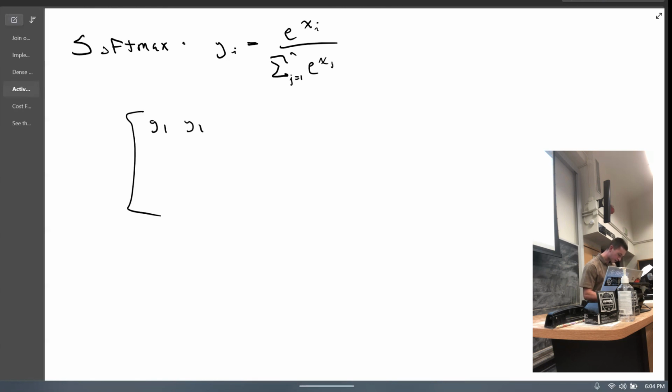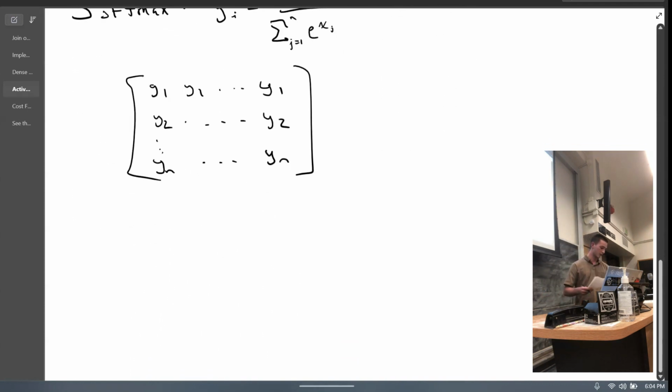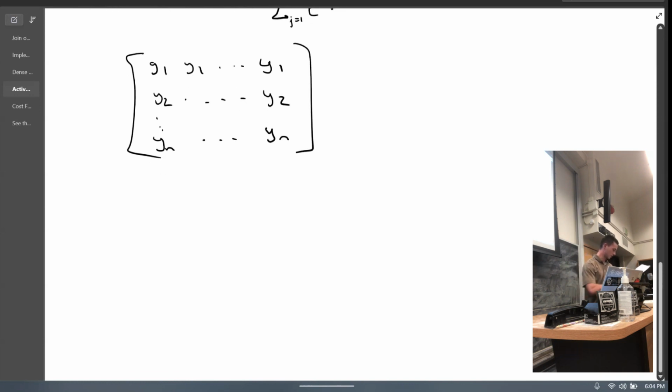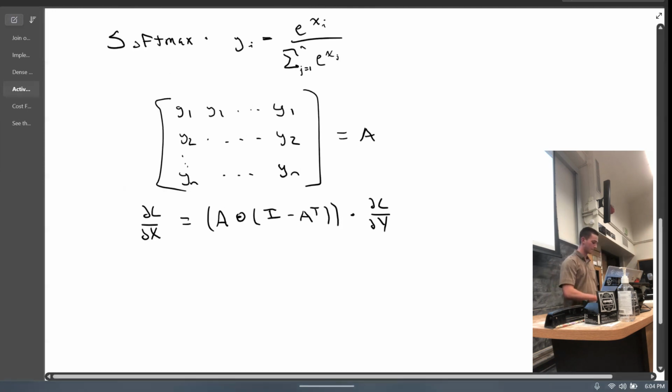So given this matrix, where each y sub i corresponds to our output, the gradient here, I'm just defining this as the matrix A, is given by A, the Hadamard product of the identity matrix minus A transposed, dotted with the derivative with respect to y.